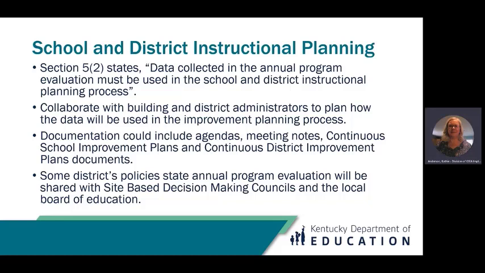This means that data could be used in the creation of the continuous district improvement plan or the continuous school improvement plan or other instructional plans that are made for GT students. The main takeaway here is that you have gathered data from the components that we talked about previously, and based on that data, instructional plans will be made for your GT students in your district.